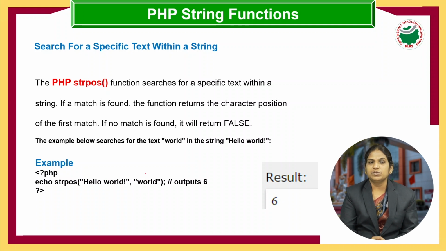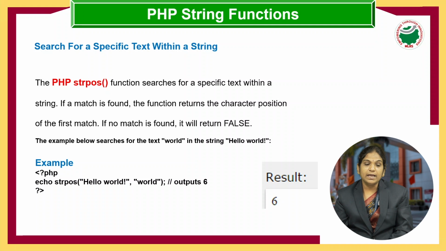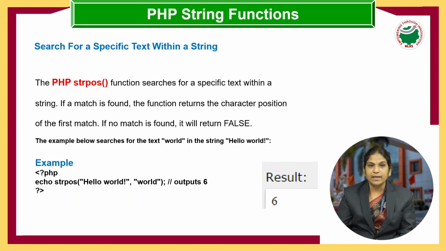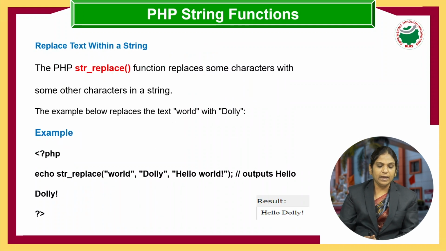Then it gives the position number of the first match. What is the position number? 6. So the output will be 6, displayed as the output. So to search for a specific text within a string, we use strpos.